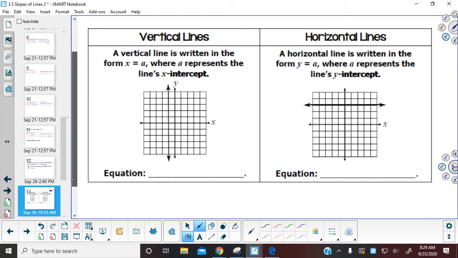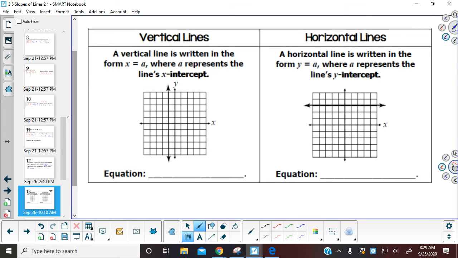All right, now here's the thing. If you look at the next piece, this is just a quick review of vertical lines and horizontal lines. If you notice, the next couple examples, we're going to be looking at equations. So just as a reminder, vertical lines, okay? If you look at this, we have a vertical line going through here, and I'm going to outline this because it's not overly clear where that line is going. But the key is, it is crossing your x-intercept.